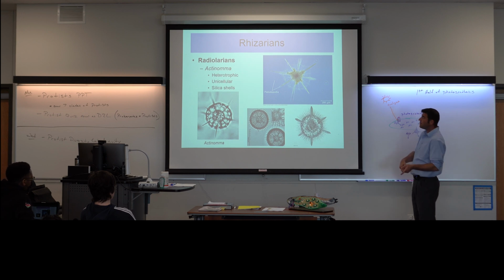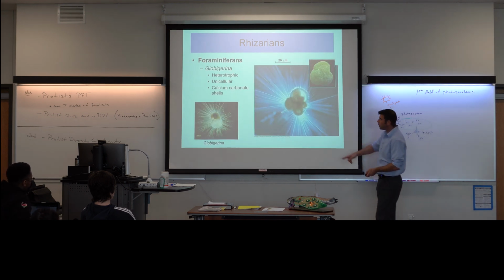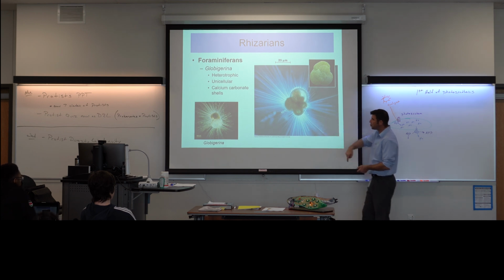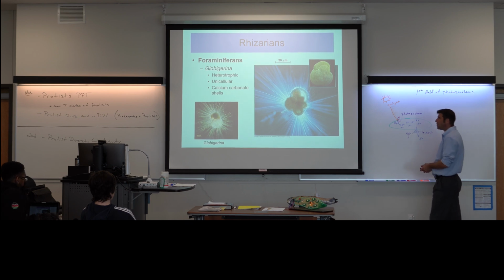If I go back to the previous slide, here is that foraminiferan. It too is one of these little delicate amoeba-like structures that would be vulnerable to predation if it didn't build this little protective structure called a test. This test is made out of calcium carbonate.